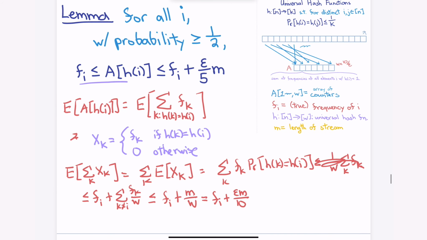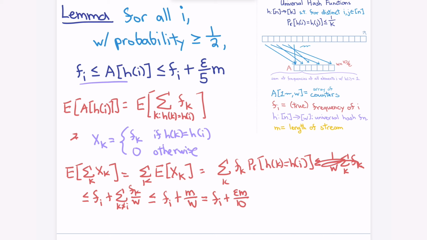The original statement was probably 1/2, at most epsilon M over 5, which is actually a bigger margin. So I think the expectation is great, because it's saying you expect this much error, which makes that window much more believable because the expected error is sitting right in between. Now you have some grip of the situation.